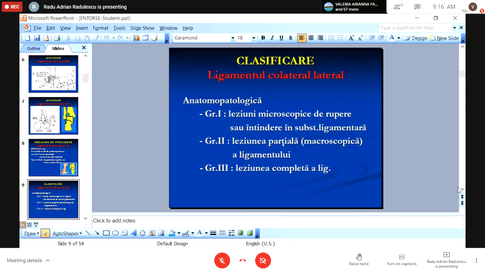From the anatomical clinical point of view, sprains may be classified in three types. The first type, or group one, some name it group one, but it's the same thing as type one, are those sprains where there is no macroscopical lesion of the ligament. If we look only at the ligament, then macroscopically probably we cannot detect any changes.